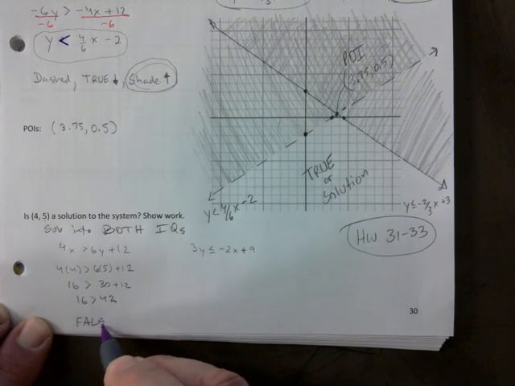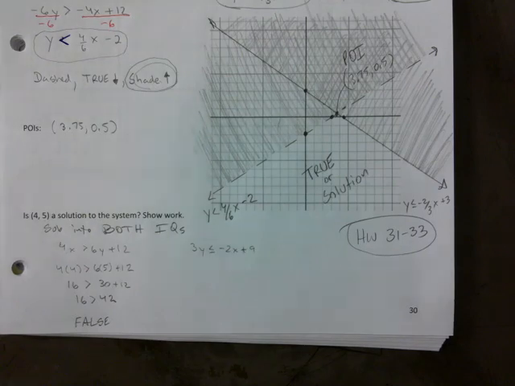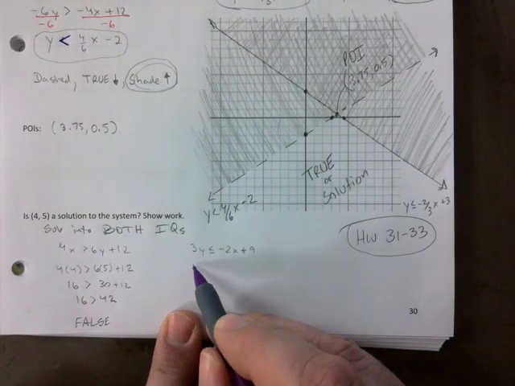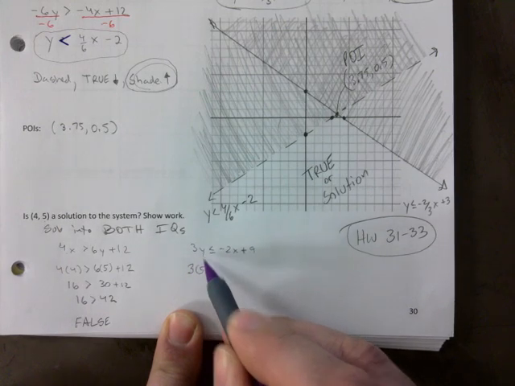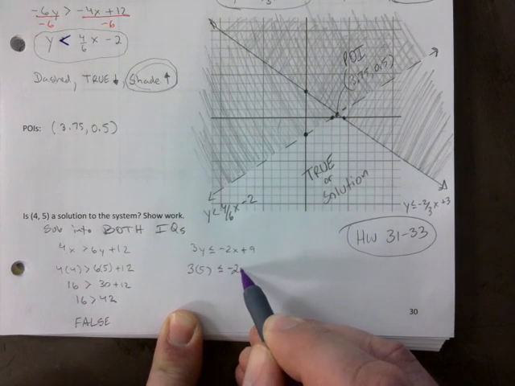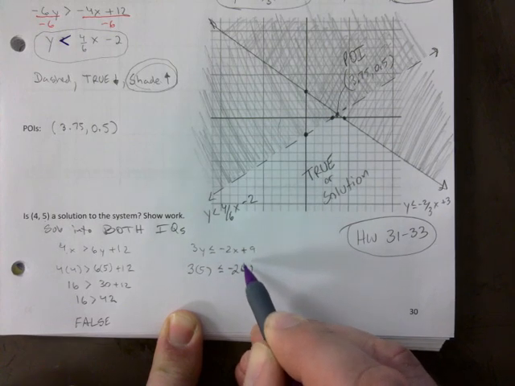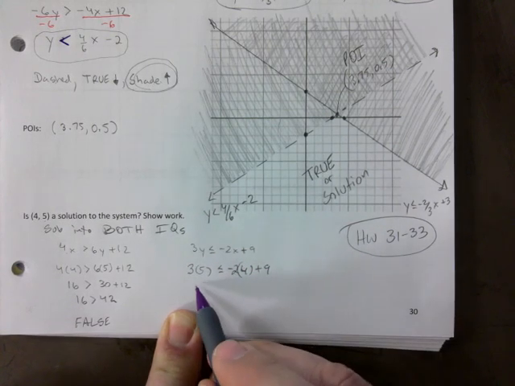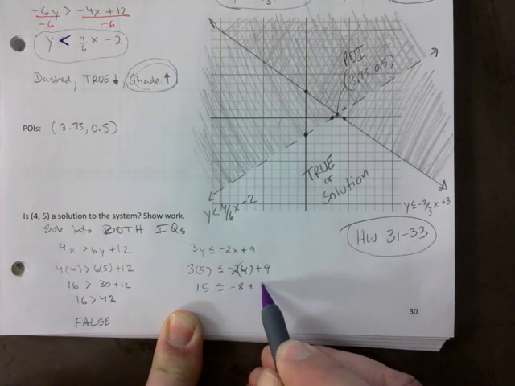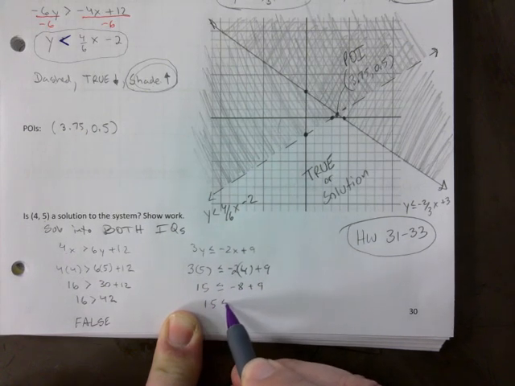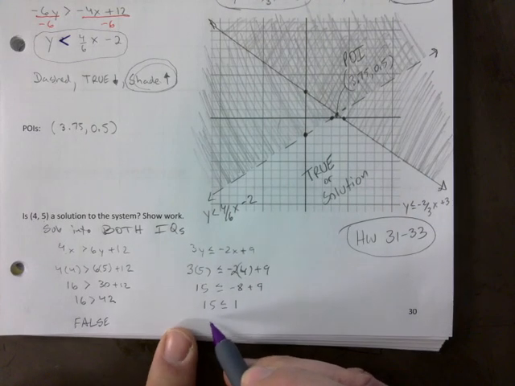Oops. Is this true? Right? False. Technically, we can stop and say it's not a solution. We can stop right there. But let's say this is true. I'm going to do the same thing. 3 times 5, because it's 3y, is less than or equal to negative 2x plus 9. This is 15 is less than or equal to negative 8 plus 9. 15 is less than or equal to 1.